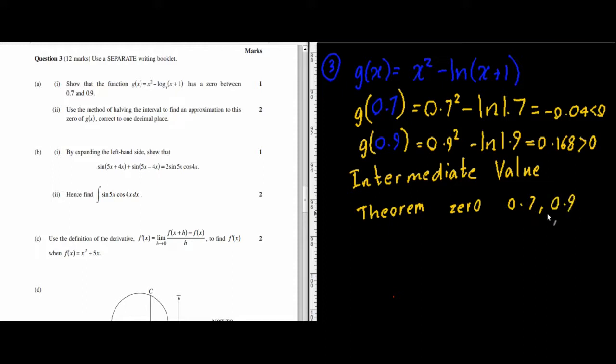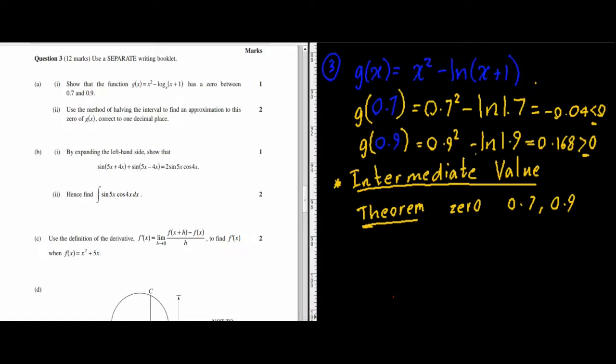That's the actual theorem that states that you should have a zero as long as this is continuous. So that's all you had to do: show that one was negative and one was positive, those two.